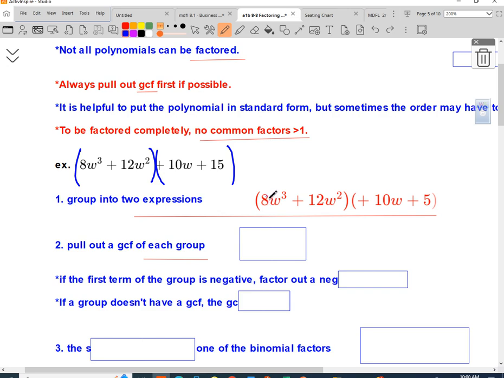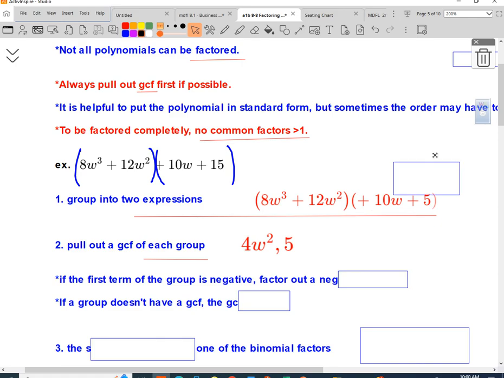Well, what's the greatest common factor of 8 and 12? 4. What's the greatest common factor of w cubed and w squared? Perfect. So that is the greatest common factor of the first group. What's the greatest common factor of the second group? Yes, we're writing this down. What's the greatest common factor of the second group here?